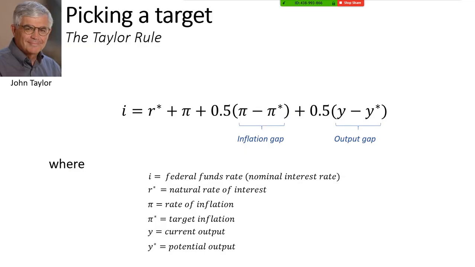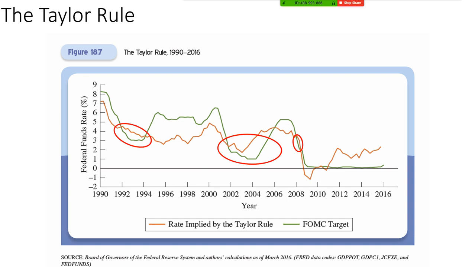In orange, we have the federal funds rate that would have been targeted according to Taylor's rule, given the formula that he had given. And then in green, we have the Federal Open Market Committee target. So this was the actual target that was set by the Federal Reserve. And in orange, we have what Taylor's rule said the Fed was going to target.